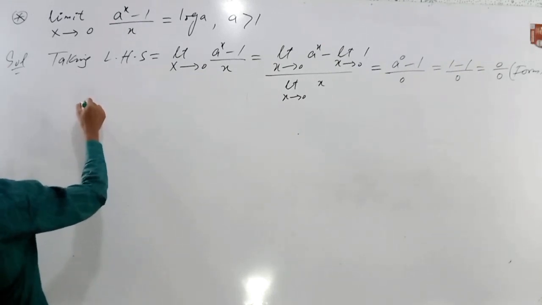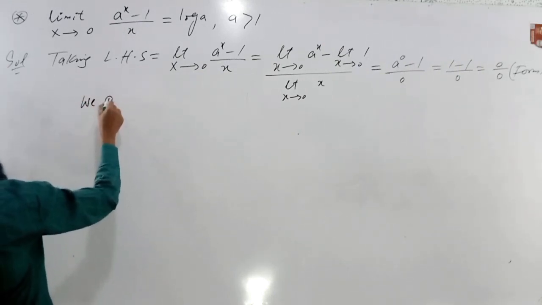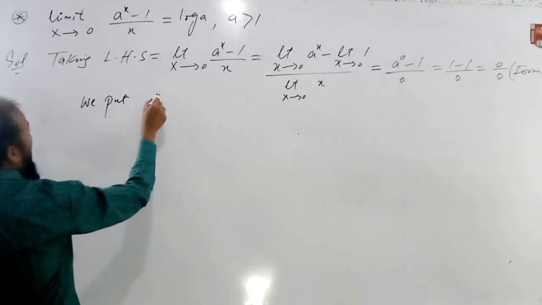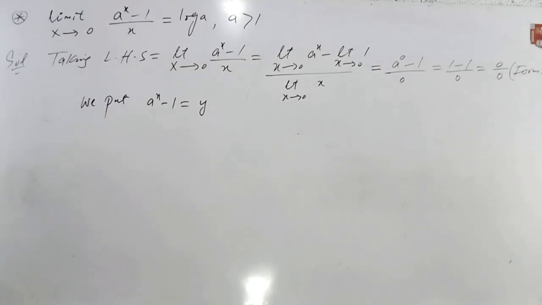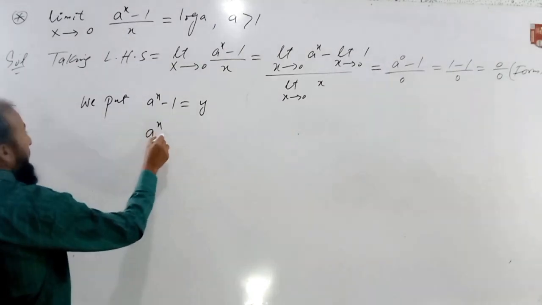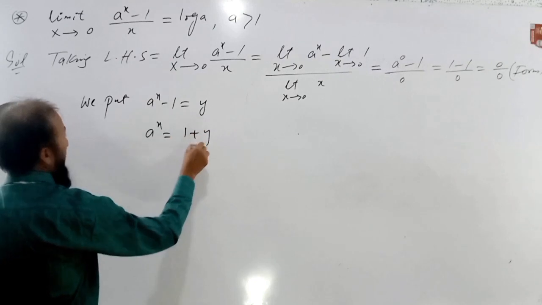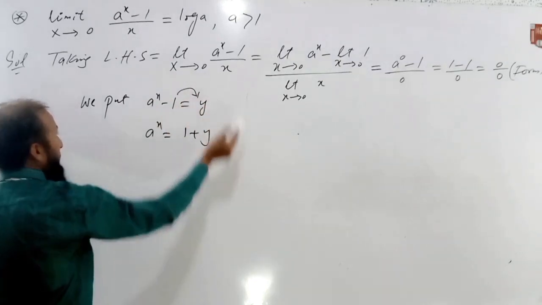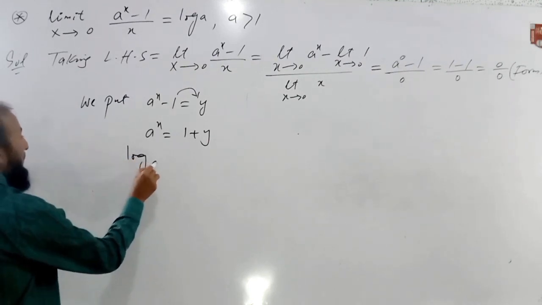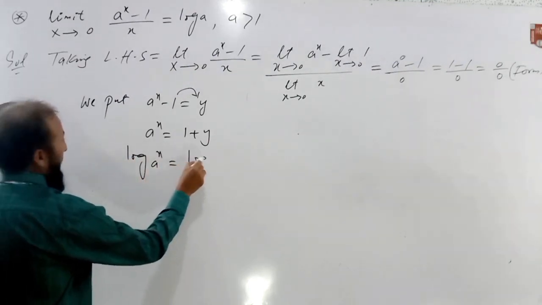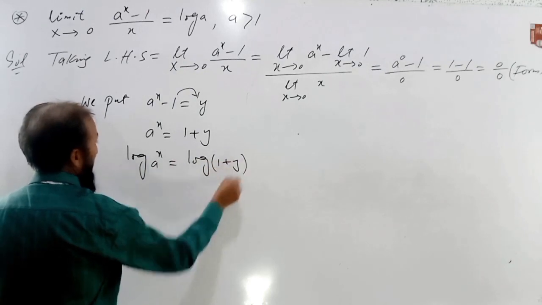Now here we put a power x minus 1 is equal to y. Now a power x is equal to 1 plus y. We change this value, so minus 1 is positive. Now taking log on both sides, apply log on both sides of the equation.